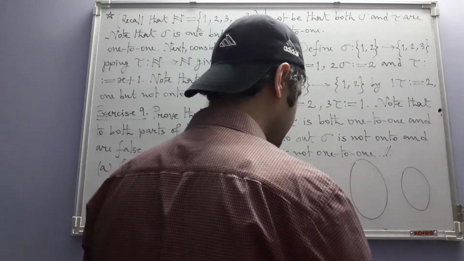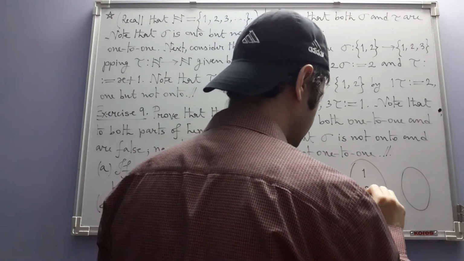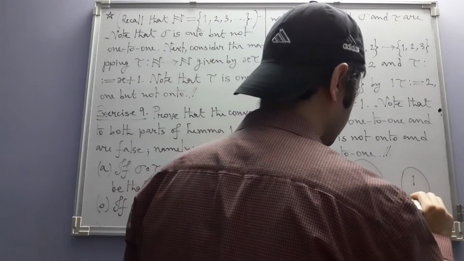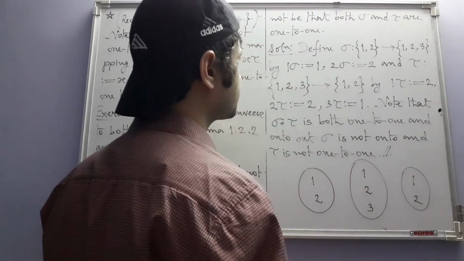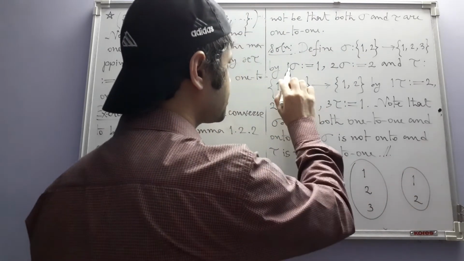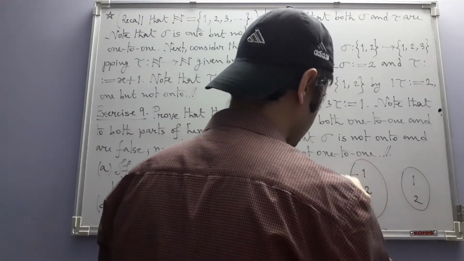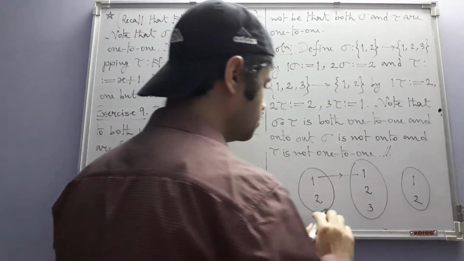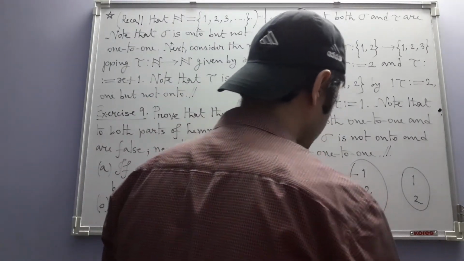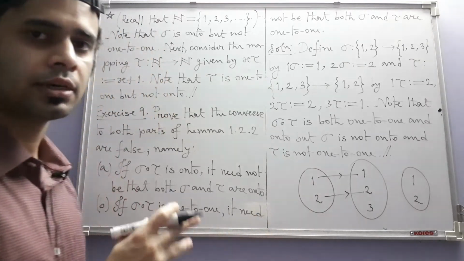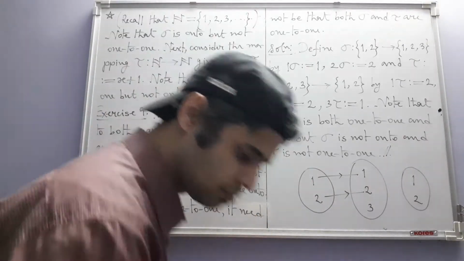When we take diagrams, it becomes very easy. We can see the whole situation at once. So sigma maps 1 to 1 and 2 to 2. That's all it needs to do, because there are only two elements in the domain of sigma.